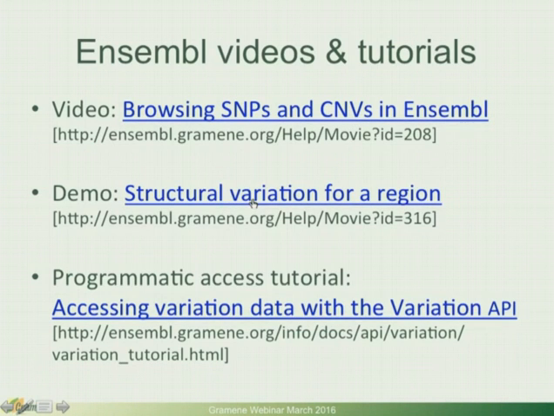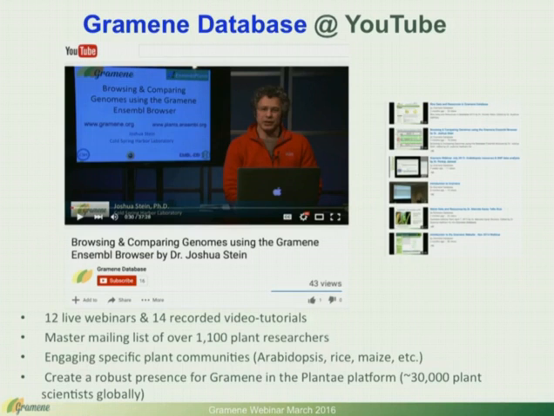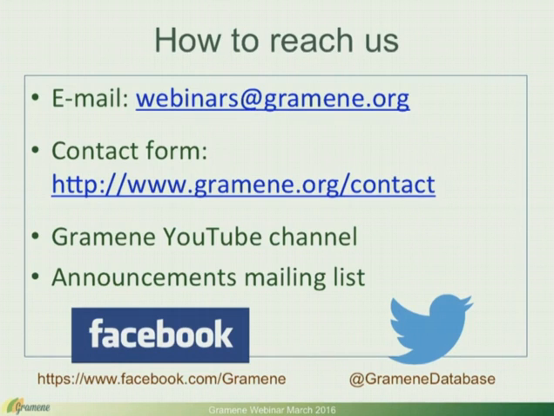If you're only interested in structural variation, there is another movie, and there is documentation for accessing this data with the variation API, as well as a webinar of our own that you can find at the Gramene Database YouTube channel. You can get to this from the Gramene homepage. We have a link right on top. This is just a sample of what we have.